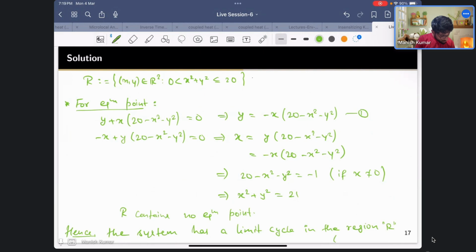Okay, so this is by the Poincare-Bendixson theorem.